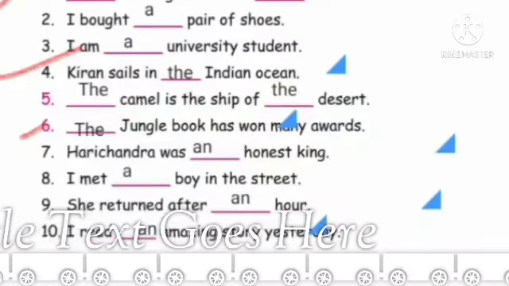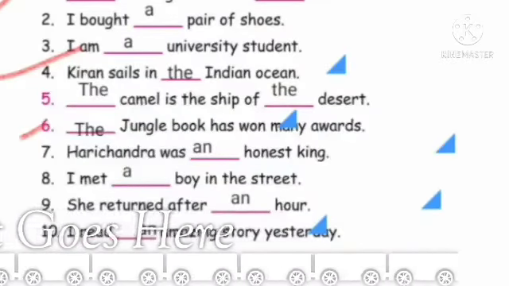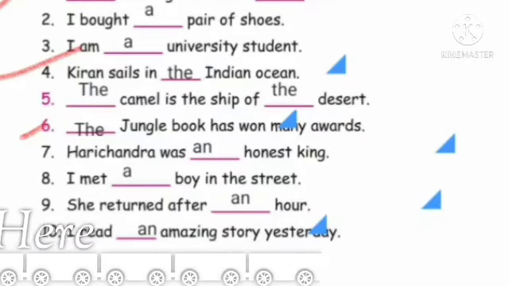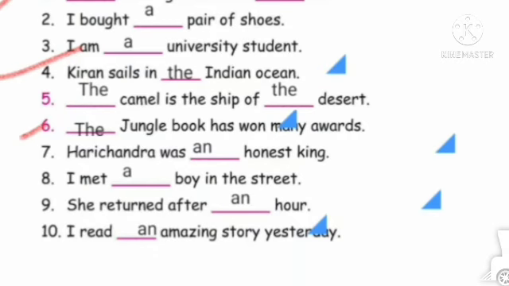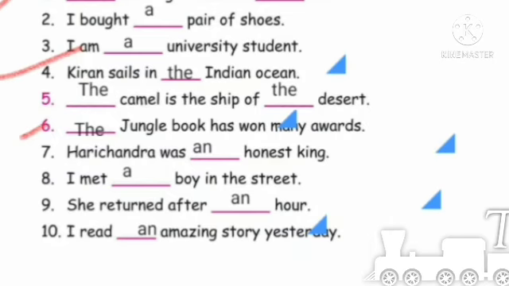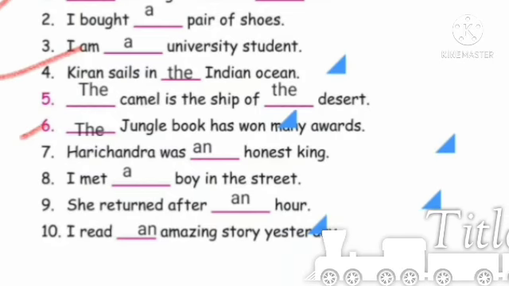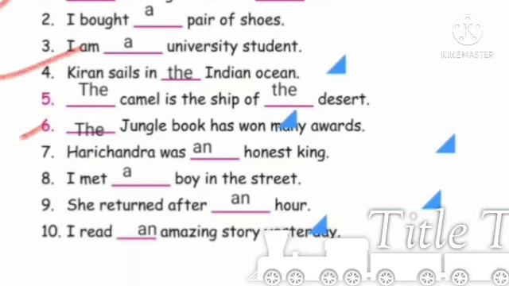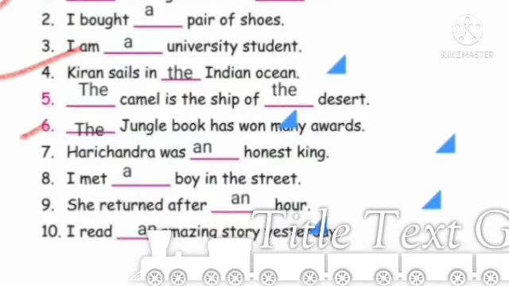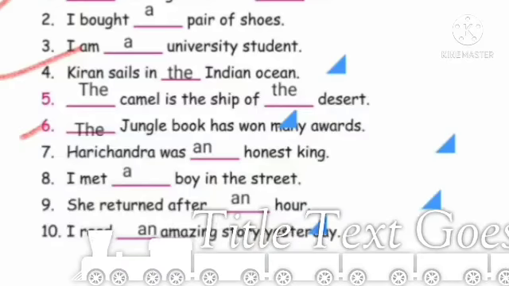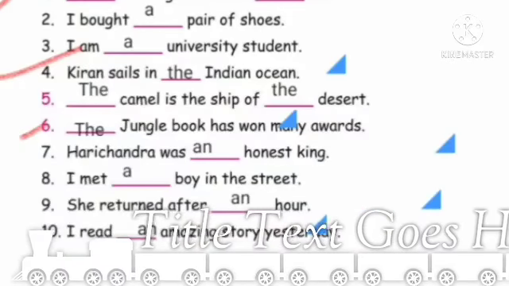The Jungle Book has won many awards. You remember Mowgli. It's a very fantastic story, isn't it? Have you seen it, children? We have seen it. That's why I know about this Mowgli story. This is a very nice, excellent cartoon character. So that's why it is unique, isn't it? So we have to use the before this book.